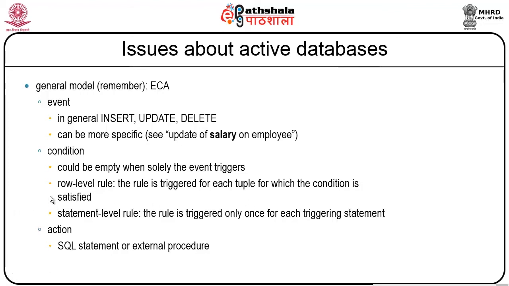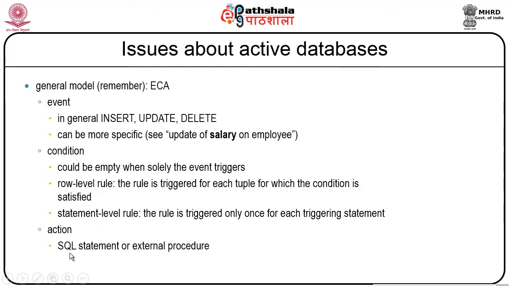We basically have two different types of conditions to be checked here: one on the row level, the other on the statement level. The row level rule is triggered for each tuple for which the condition is satisfied, as we looked at in the previous slide, and the statement level rule will be per statement, so the rule is triggered only once for each triggering statement.